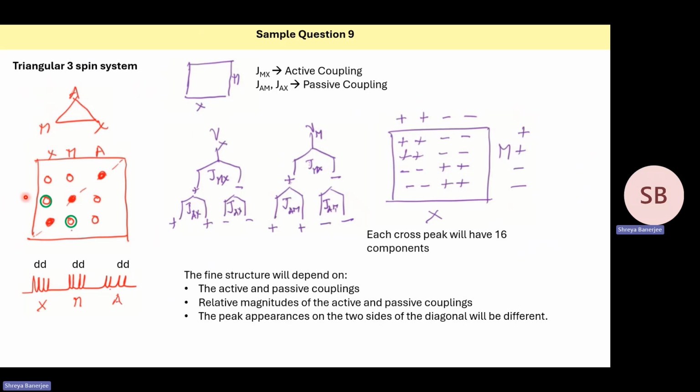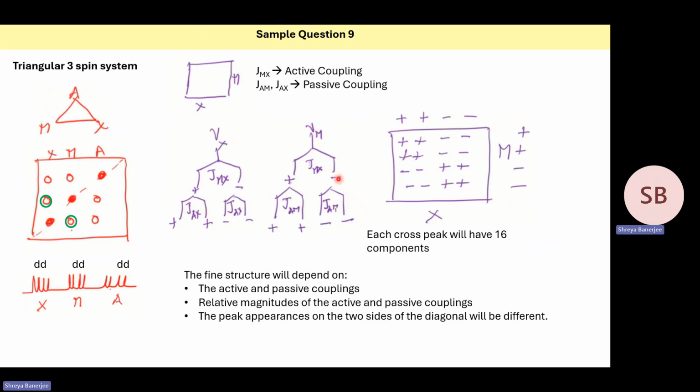Now, suppose we are looking at a particular spin, the MX coupling. So X is first being split by M, and this is your active coupling. So it will give rise to antiphase signal plus minus. Then X will be split by A, and this is your passive coupling. So plus will give rise to plus, minus will give rise to minus. In other words, X will have 4 peaks, plus, plus, minus, minus. That is what you have written here.